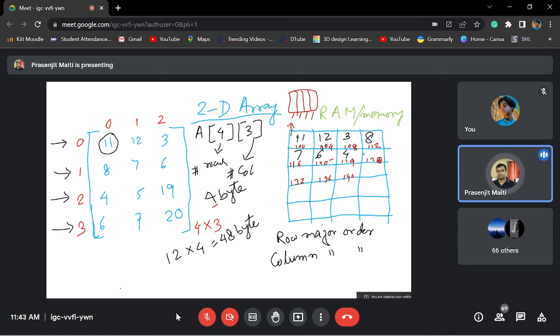So 7, 6, 4, 5, 19, then 6, then 7, then 20. The address here is 144. If you store this data row wise, first row, then second row, then third row, then fourth row, this is called row major order.